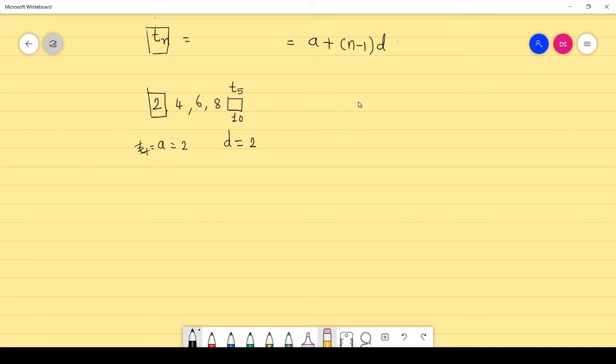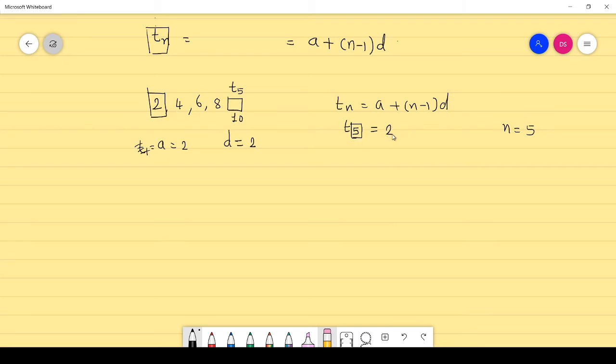But according to our formula, Tn is equal to a plus n minus 1d. Is it right or wrong? Let's check it out. I want to find the value of the fifth term. That means n is equal to 5, right? Instead of n I write 5. So T5 I want to calculate. We have a equal to 2.